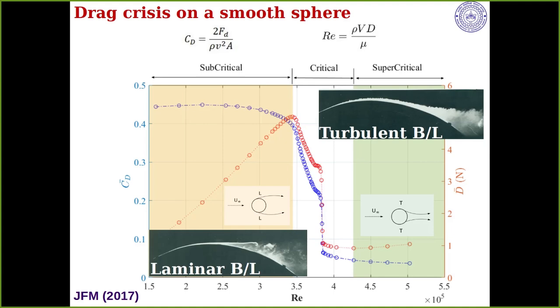The phenomenon is the following. If I take a smooth sphere and I throw it with a certain speed, this is the air resistance I feel. But if I throw it beyond a certain critical speed, I see smaller air resistance. So if I was playing golf and I hit the ball with all the force that I have, if the boundary layer is laminar, the ball doesn't go too far.